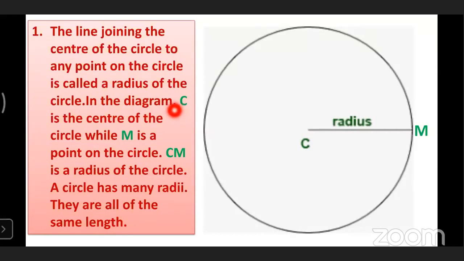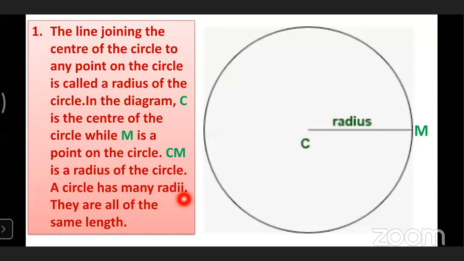In the diagram, C is the center of the circle, while M is a point on the circle. CM is a radius of the circle. So CM, how will we read? CM is a radius of a circle.